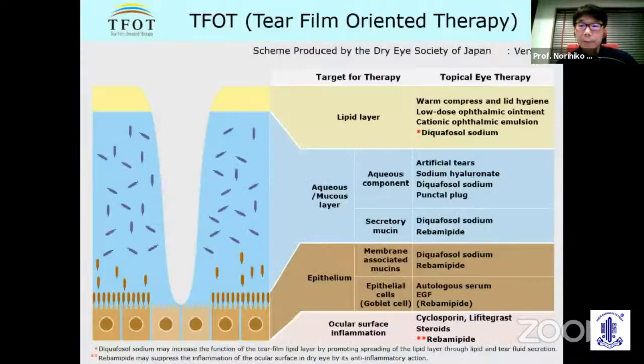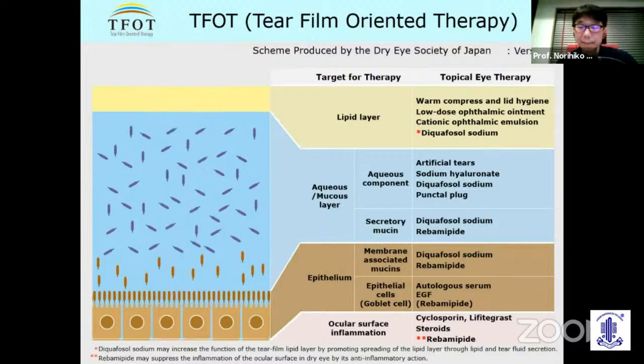This scheme produced by the Dry Eye Society of Japan shows the detailed concept of tear film oriented therapy, TFOT, illustrating the target for therapy and the possible candidates for topical therapy currently available in Japan and elsewhere to improve tear film stability.